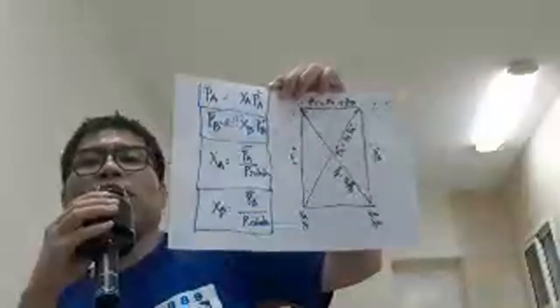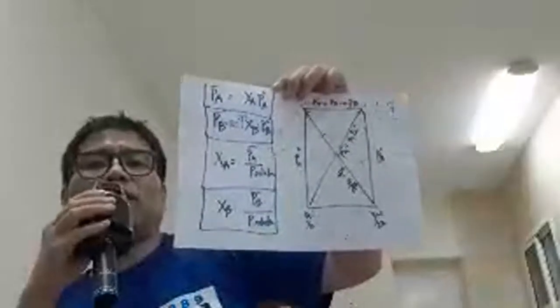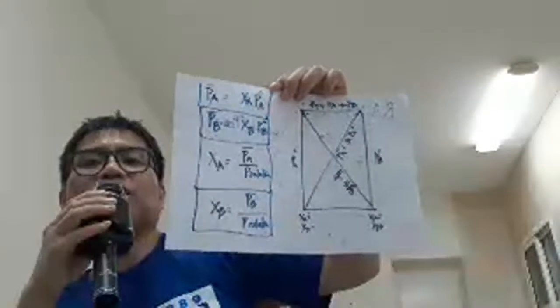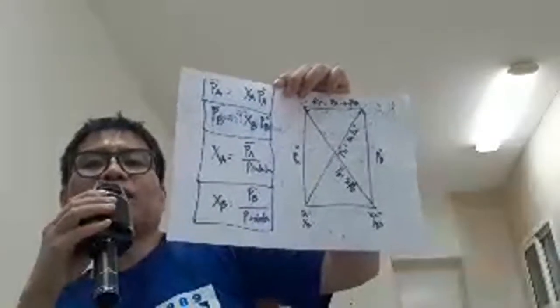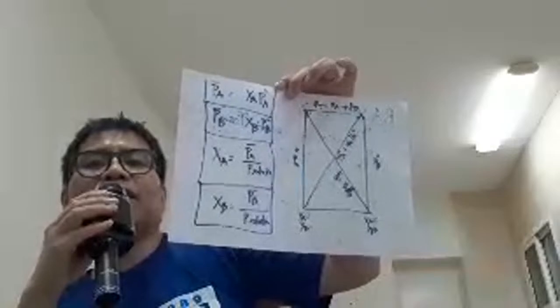And our graph, beside these formulas we have here, right? It's just a letter X, something like that. Okay?